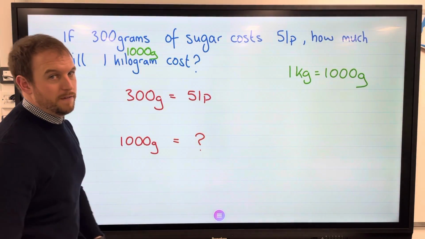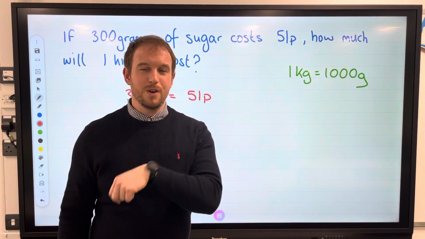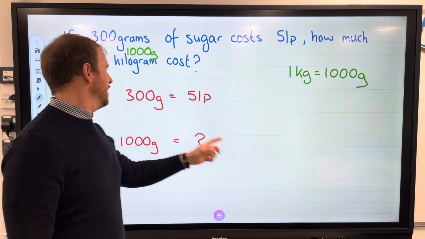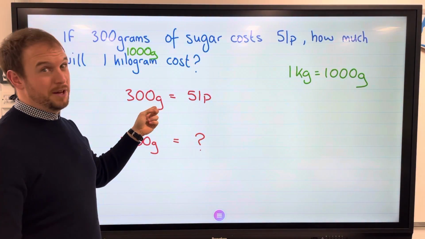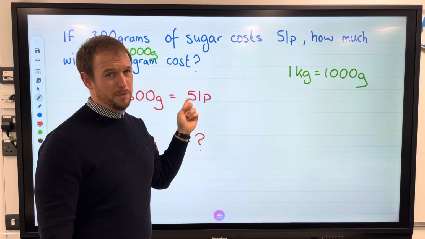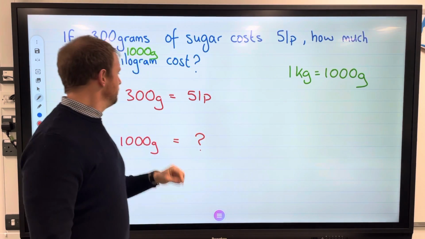We could find out the value of 1 gram, but that means dividing by very big numbers, by dividing by 300. I don't fancy doing 51p divided by 300.